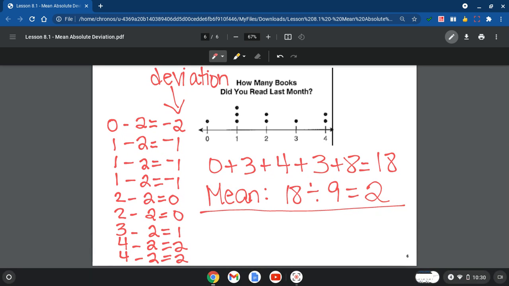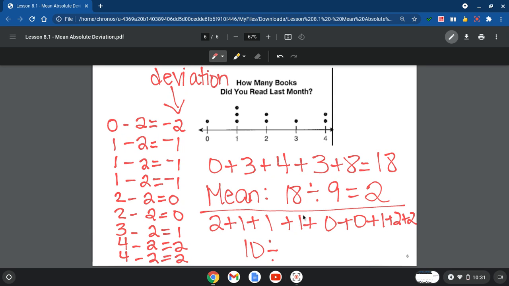So we're going to add 2 plus 1 plus 1 plus 1 plus 0 plus 0 plus 1 plus 2 plus 2 to give me a total of 10. So 2 plus 1 is 3, plus 1 is 4, plus 1 is 5, plus 0 is 5, plus 0 is 5, plus 1 is 6, plus 2 is 8, plus 2 is 10.